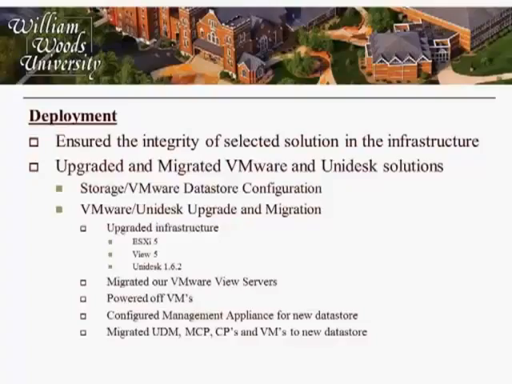After we upgraded the software and migrated our VMware View servers over to the new storage, we powered off all our VMs, configured the Unidesk management appliance for the new datastore. Then we migrated the Unidesk management server, the master cache point, and all our secondary cache points and virtual machines to the new datastore.